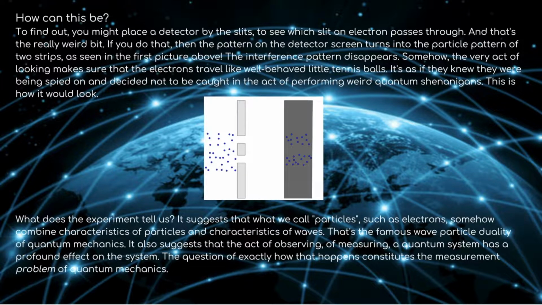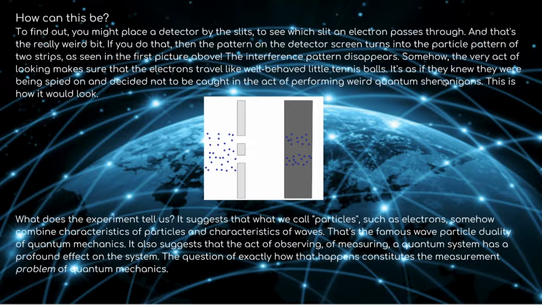Somehow, the very act of looking makes sure that the electrons travel like well-behaved little tennis balls. How is this possible? Here we have two stripes like the tennis balls did. Earlier they were like waves, and we could see many strips over here. How can this be?